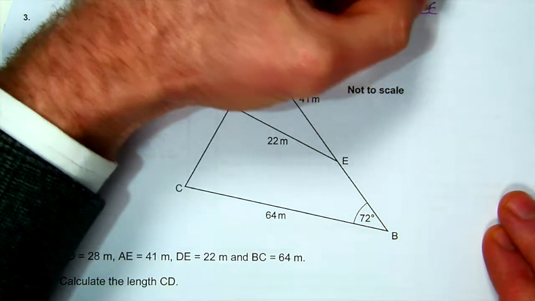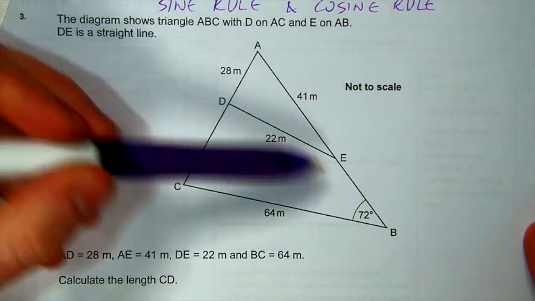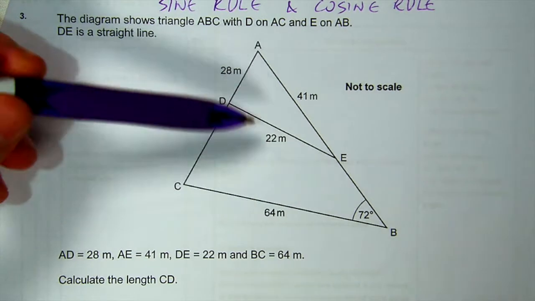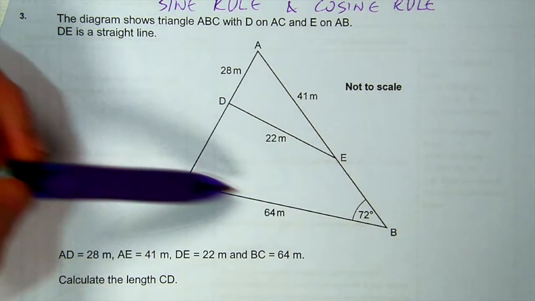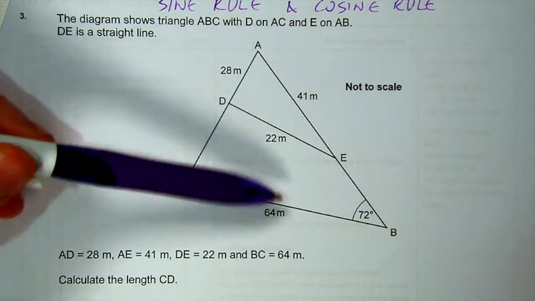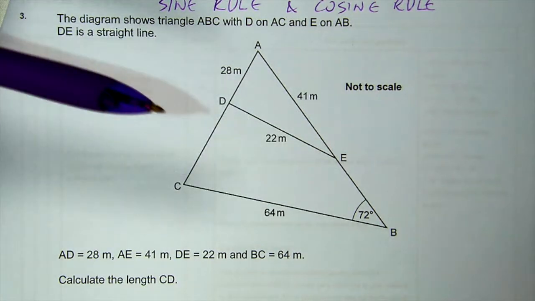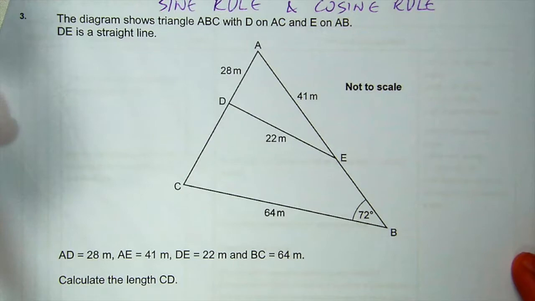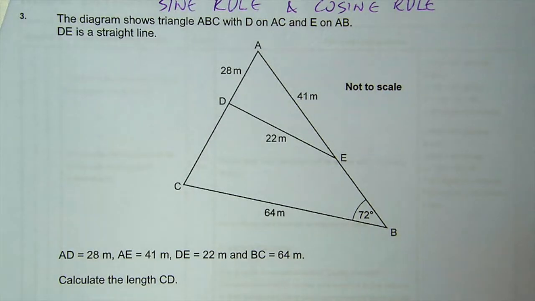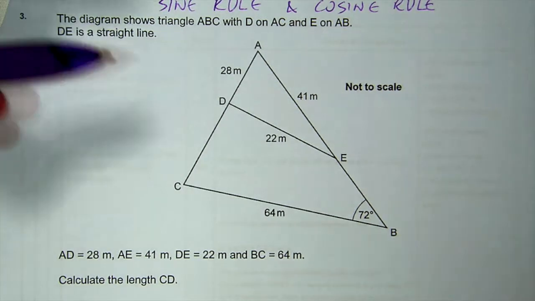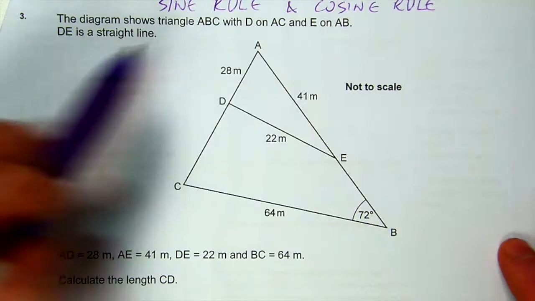The reason why I know that is by looking at this triangle. I've got a smaller triangle within the larger triangle here. There's no parallel lines, so I can't apply any angles in parallel lines. And also there's no right angles, so I can't use Pythagoras or the trigonometric ratio. So we are going to have to use sine and cosine rule.